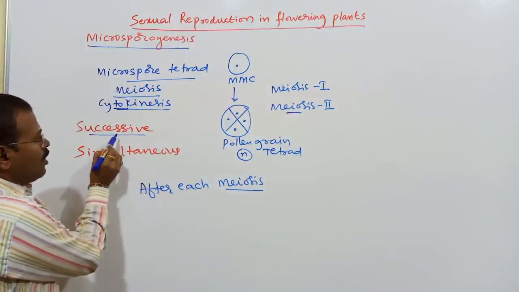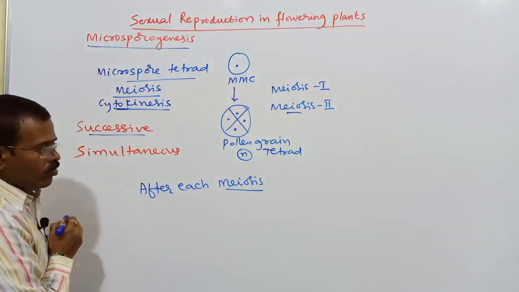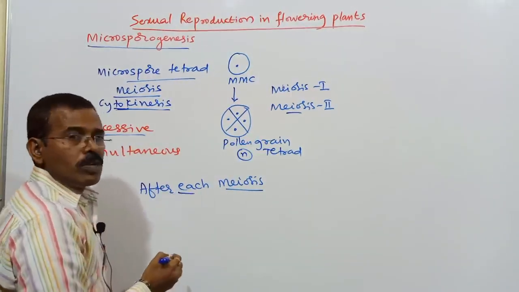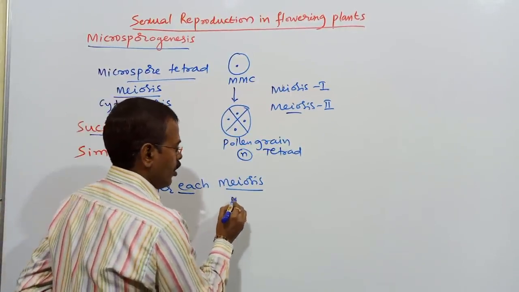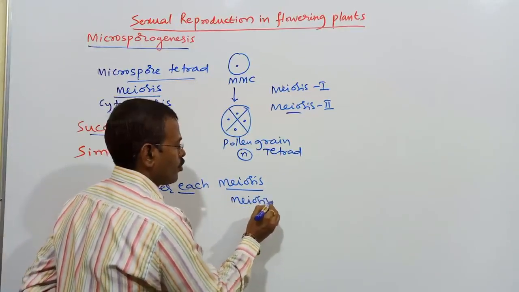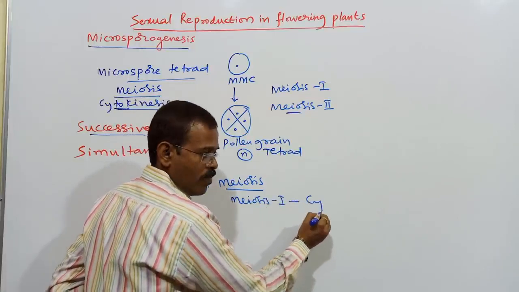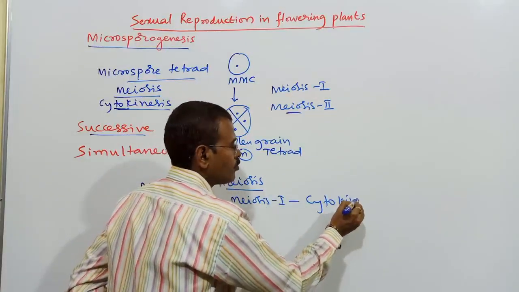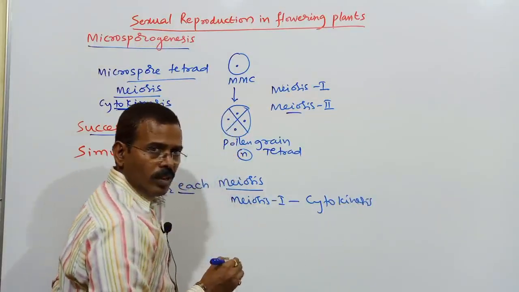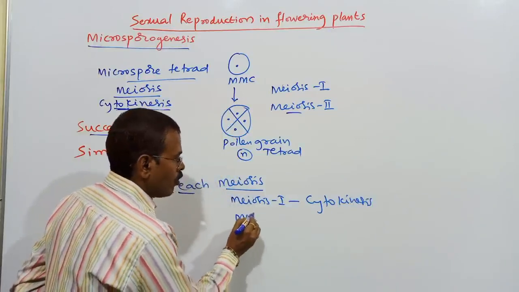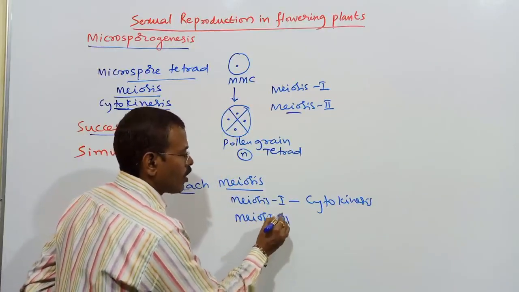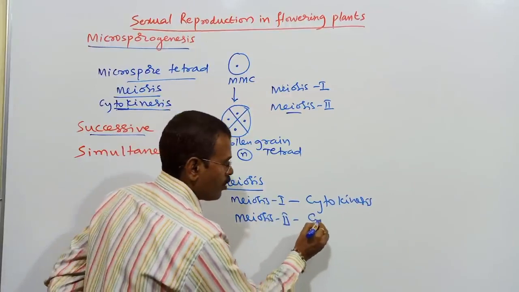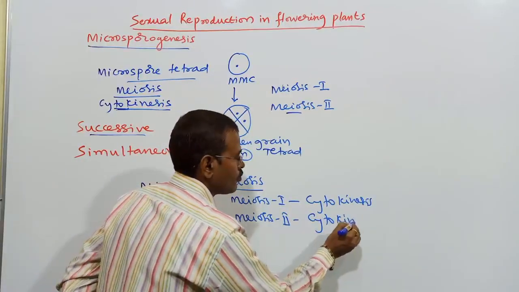Now, in this successive cytokinesis, after each meiotic division, say meiosis first, there will be cytokinesis. Then meiosis second, there will be cytokinesis.